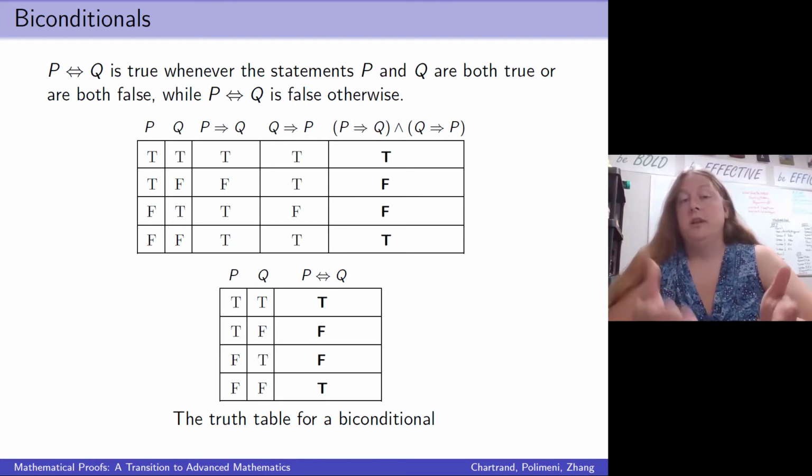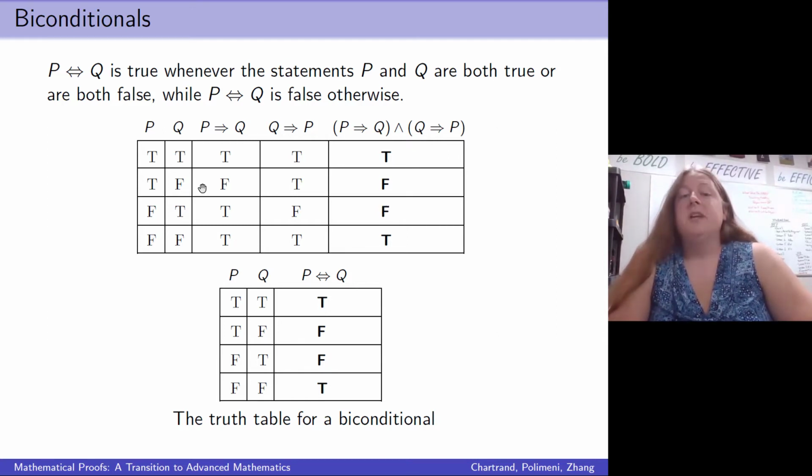And we know truth table values. We know truth values for the implication, and since the converse is an implication as well, we know truth values for it, and we know truth values for a conjunction. So we can take all of the things that we know and put it together to generate a truth table for a biconditional.